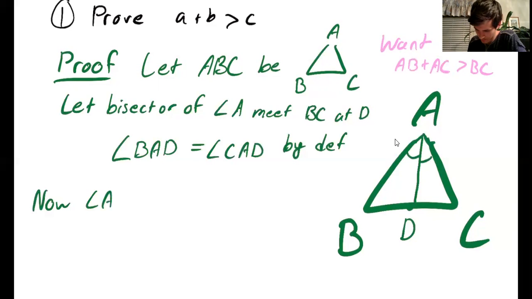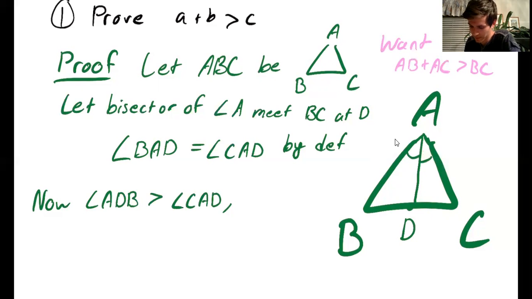Now, angle ADB is greater than angle CAD. Notice that the reason this is the case is because the exterior angle is greater than the interior angle. This exterior angle is always greater than the interior angles, that's just by definition.